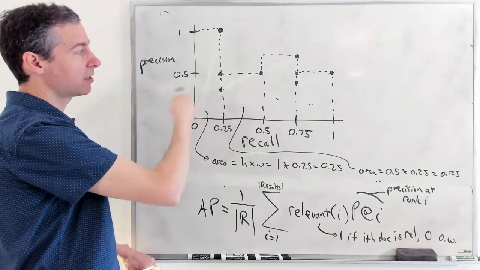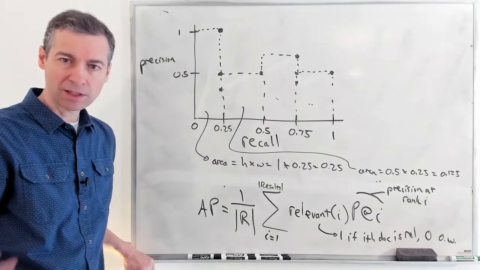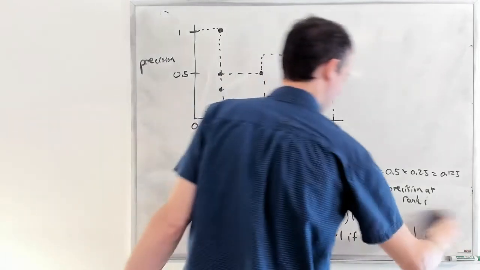We can think of it then as this area that's being produced. Let's look at that a little bit more.